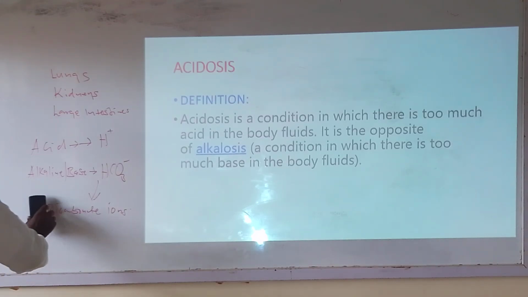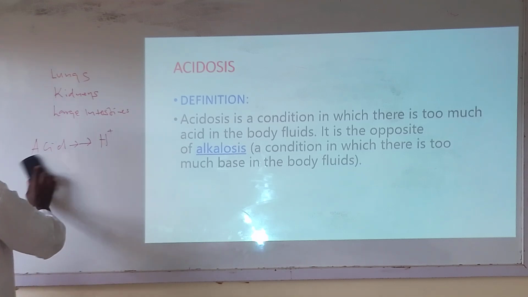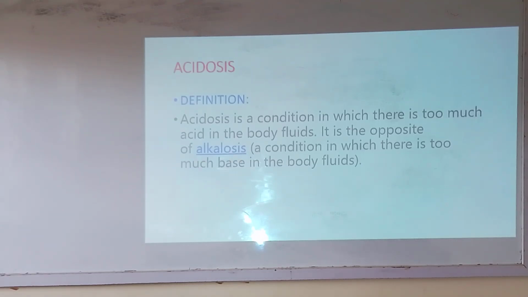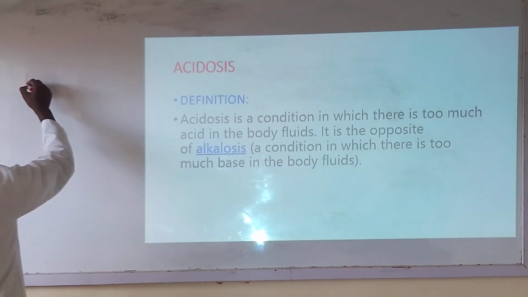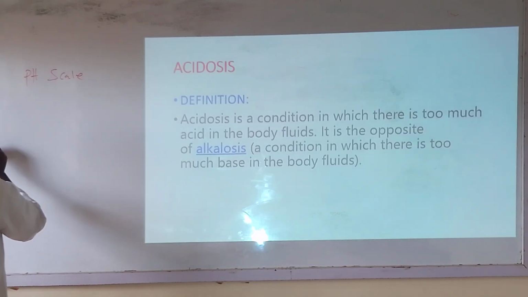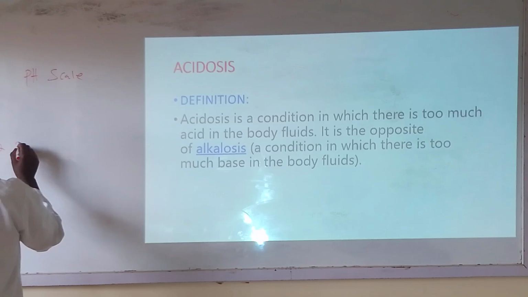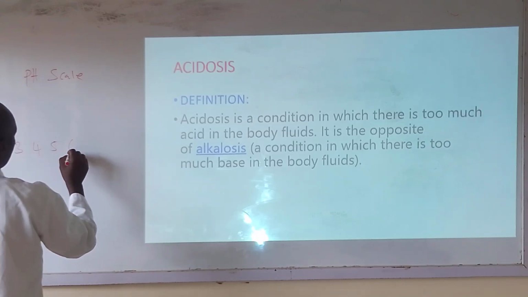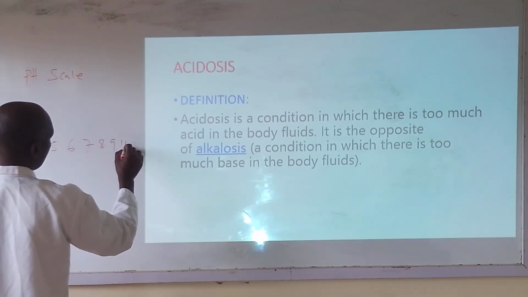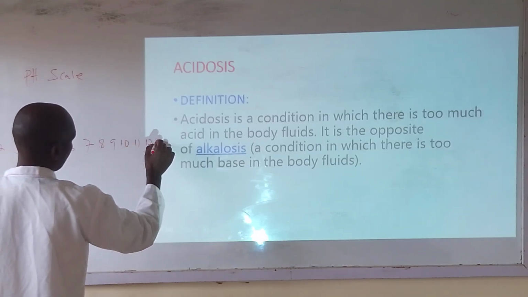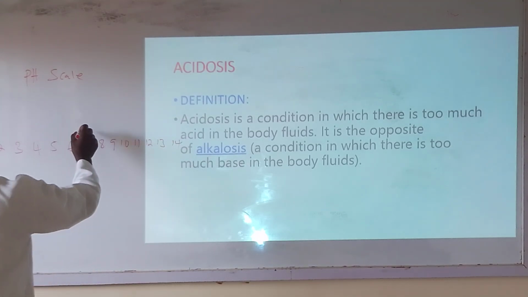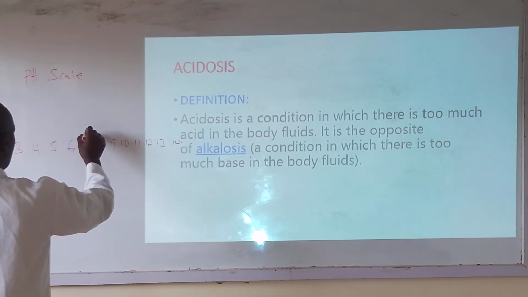And what you need to know is that there is something known as the pH scale, the pH. The pH scale, we have numbers from 1, 2, 3, 4, 5, 6, 7, 8, 9, 10, 11, 12, 13, 14. So 7 here is the point of neutrality.